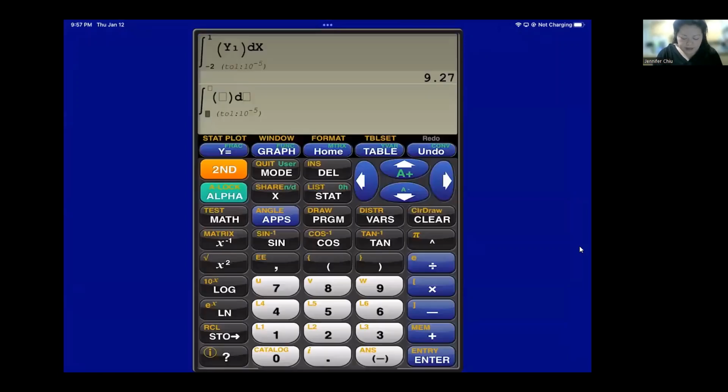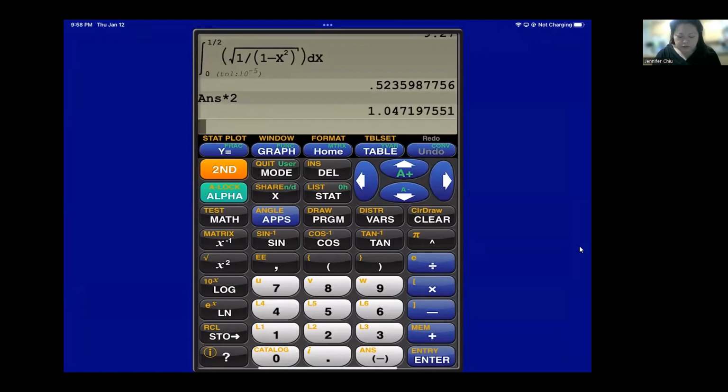Go math 9, and I go 0 to 1/2 of square root 1 over parentheses 1 minus y squared, x squared, doesn't matter. As long as you're using consistent variables in your dx over here, you're okay, right? So press enter. Don't forget we got to double that.